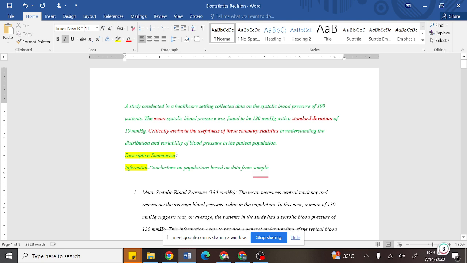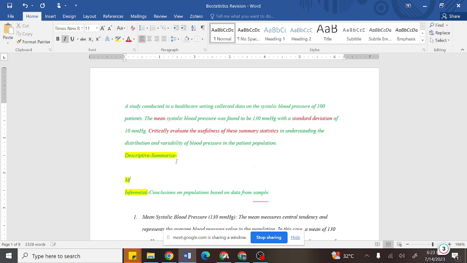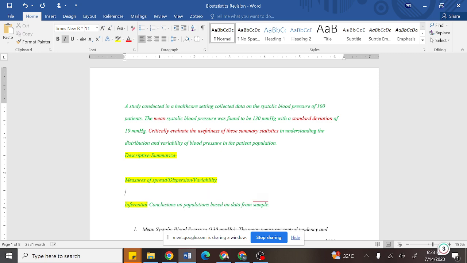Now under descriptive, we have two major parameters that we are interested in. Measures of spread, or what we call measures of dispersion, or what we call measures of variability. That is one branch of the statistics that we look at.